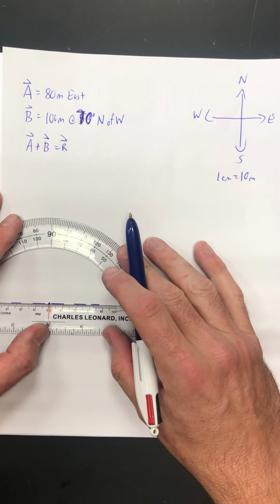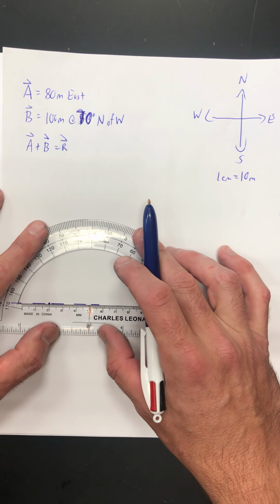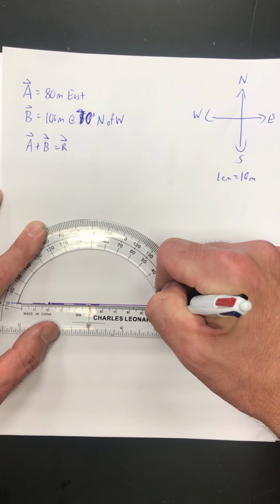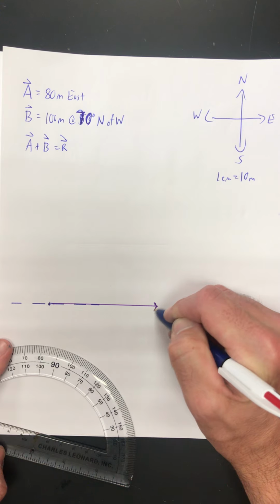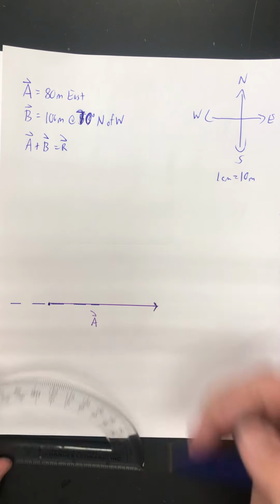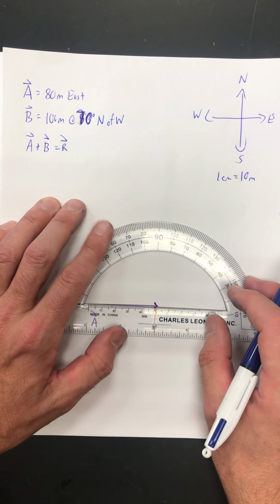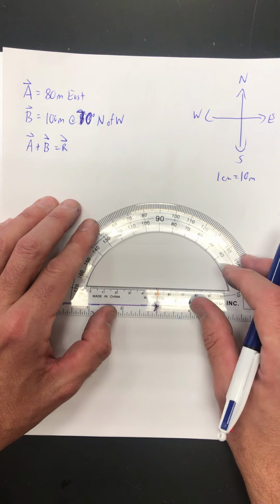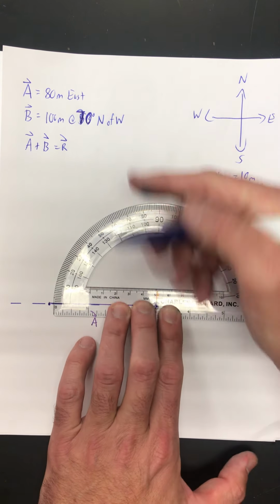I'm going to draw my first vector, which is 80 meters east. So we go an 8 centimeter long vector, a little long there, and that is vector A. Now, from the end of vector A, we're going to draw vector B. The first thing I need to do is measure a 70-degree angle northward of the west line.